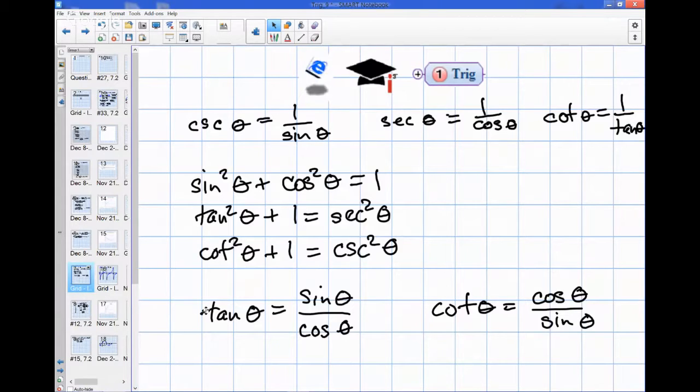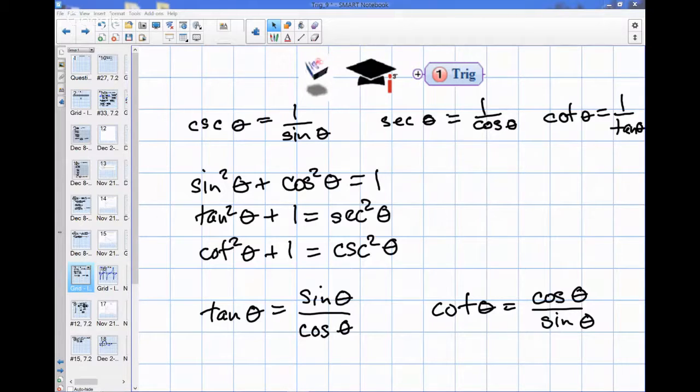I should turn those pictures off on the bottom so we can see more. Okay, you should be able to see the screen a little bit better now. So these are the 8 identities that we have already been discussing. Identities, once again, are equations that are true no matter what the variable theta is.